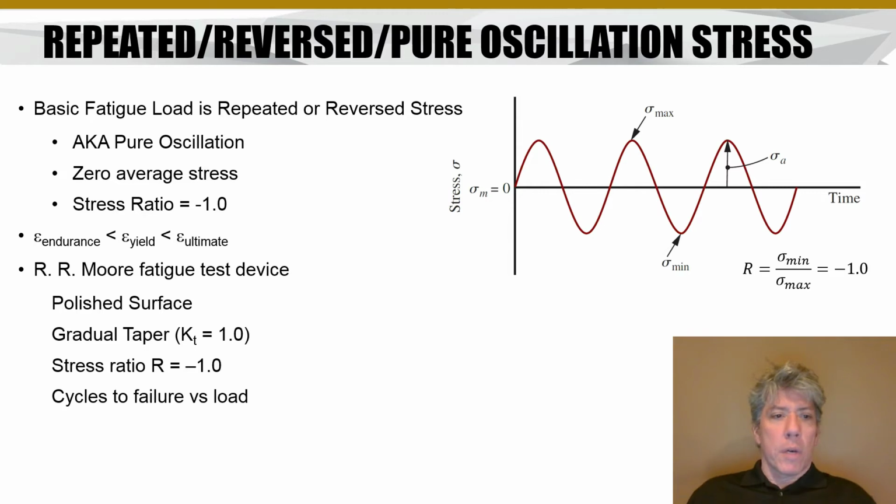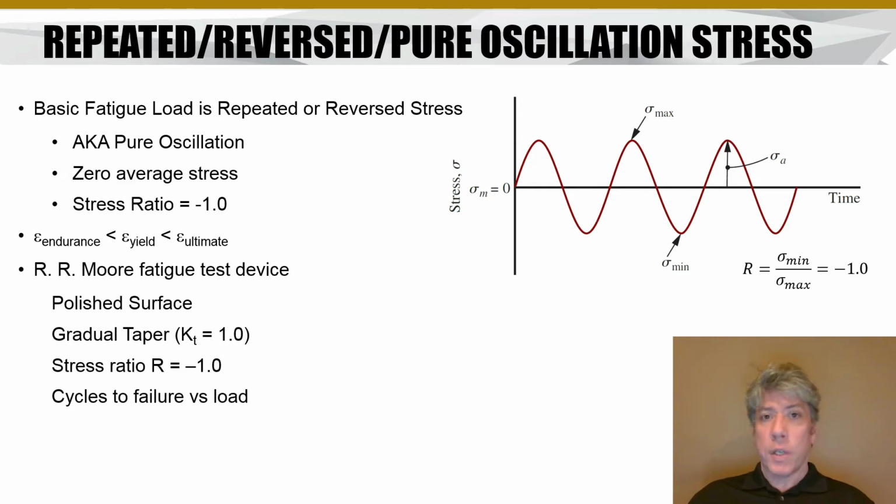There's a machine or a test setup, an R.R. Moore fatigue test device. We'll look at it in a second, but it uses a very special specimen. It uses a very polished surface in the region that's going to fail. There's also a very gradual taper in the material. You want to make sure that the material fails at a predictable point, and so you do taper it down, but it's a very gradual taper so that you end up with no stress concentration essentially.